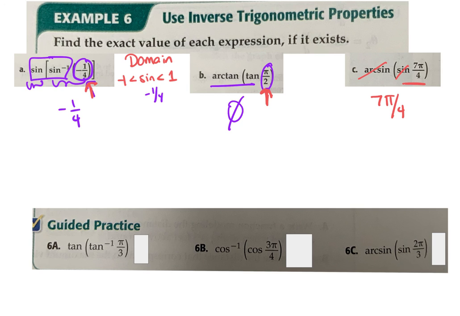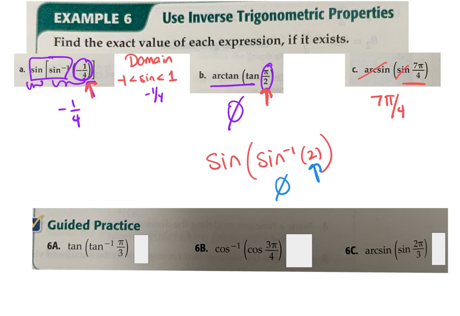If they had said something like the sine of the inverse sine of 2, we would have a problem because this guy is outside of my domain of negative 1 to 1. And you would say, nope, it doesn't exist. But as long as what's on the inside works, those two functions are going to basically cancel each other out. It's like adding and then subtracting the same number. Nothing changes. Okay? Inverse functions will cancel each other out.